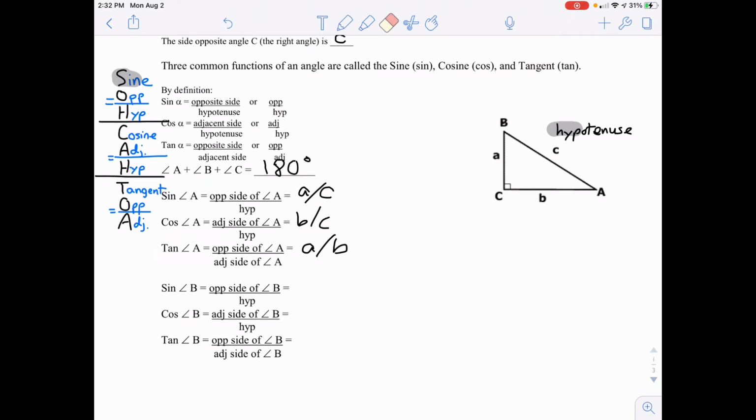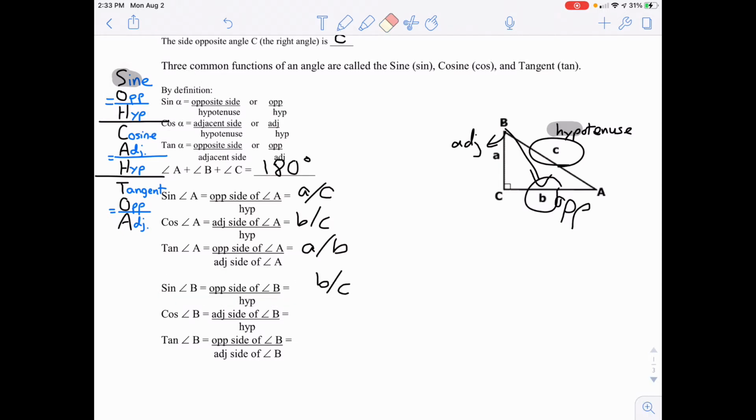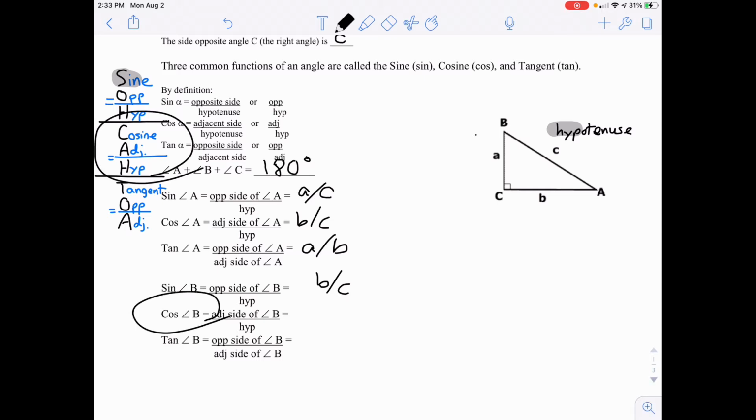Now we're going to switch our reference point from angle A to angle B up top. So this side is now the opposite side of B, and this is now the adjacent side of angle B. So sine is opposite over hypotenuse, B over C. Cosine of B, that's adjacent over hypotenuse.